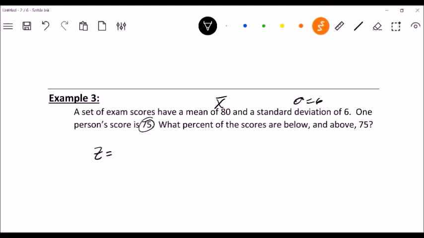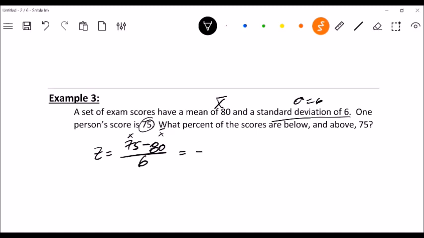You can, if you want to, stop the video, figure out this problem, and then come back and see if you're right, because I'll start doing it. Okay, welcome back. Let's use the z-score formula where it's the X, which is 75, minus the average, 80, divided by the standard deviation of 6.